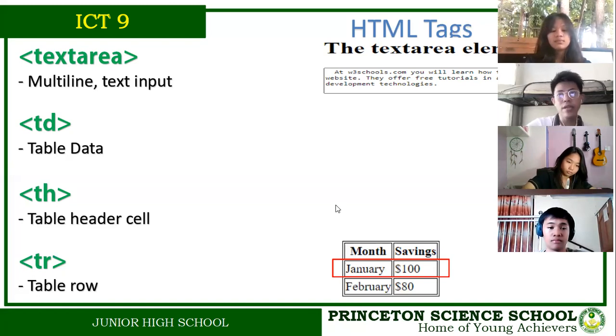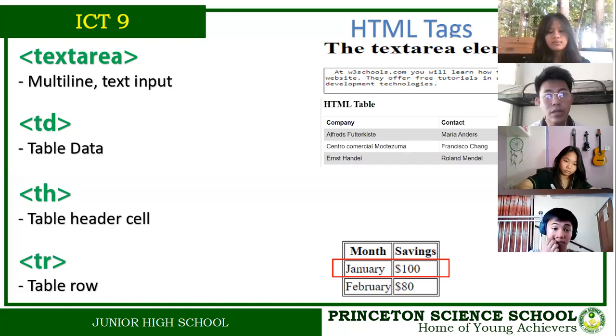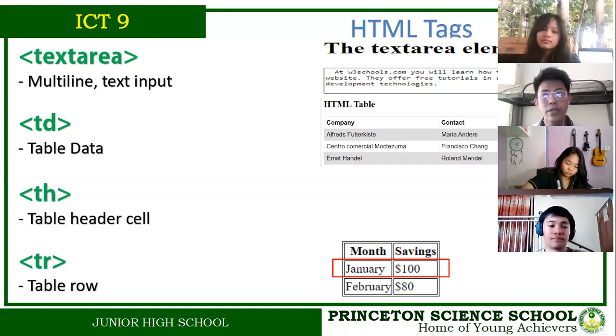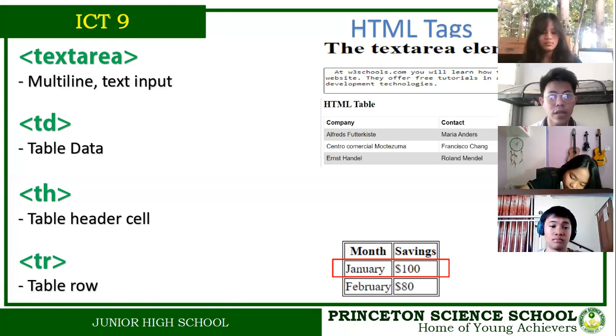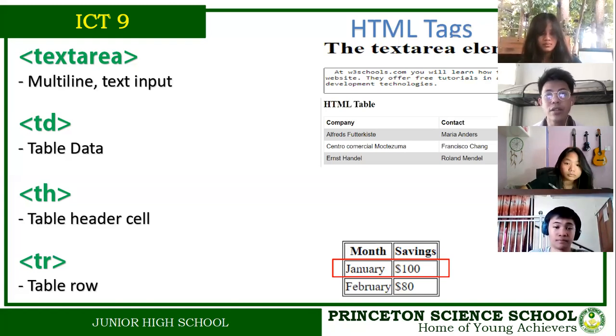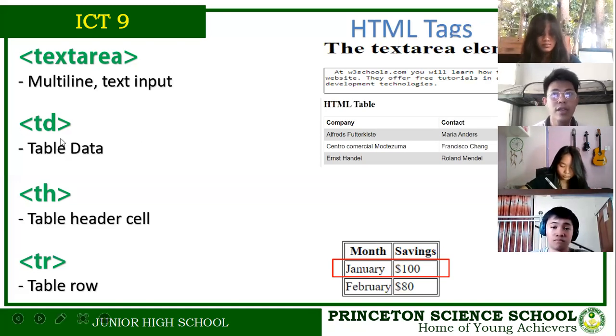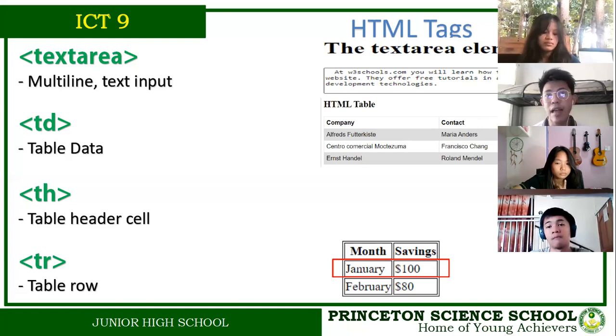Next we have the TD or the table data. Because we have our tables, of course, they will have their data. Last time, when asking what are the contents of the T head, the T body, the T foot, those contents are called the table data, which we enclose with the TD tag.